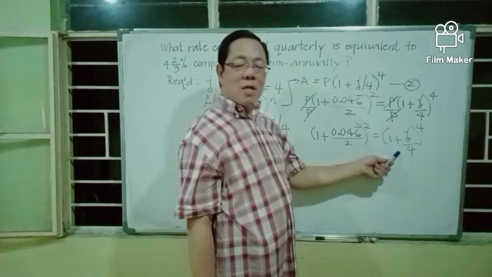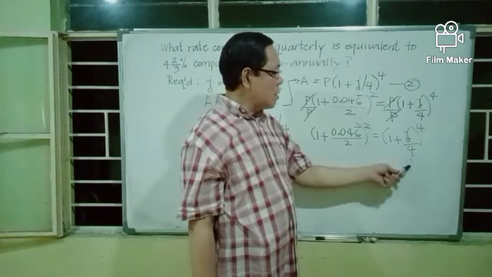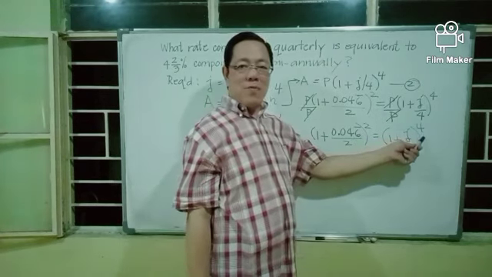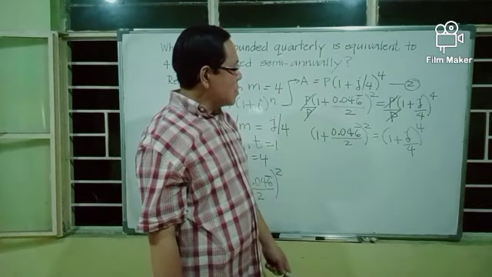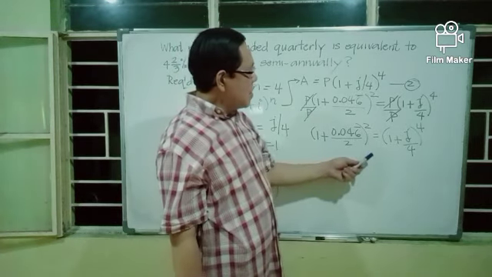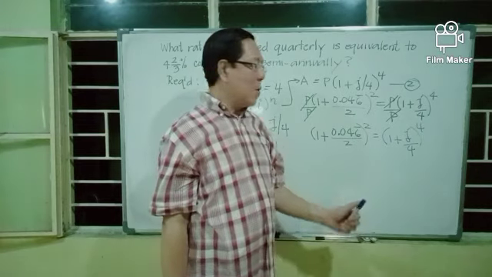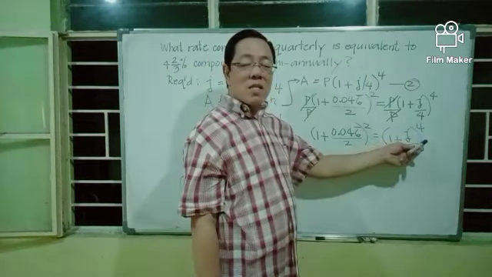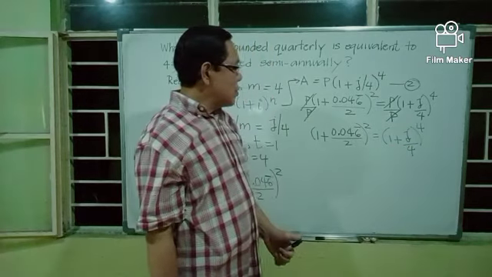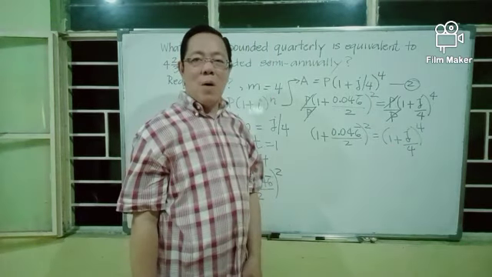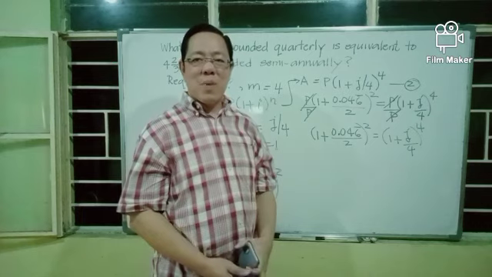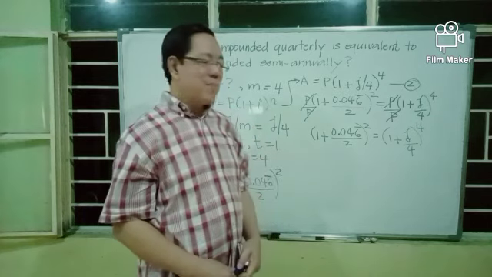But J here is inside the quantity raised to the exponent 4. Thus, to have J at one side of the equation only, we must eliminate the exponent 4. And to do that, we take the natural logarithm of both sides and we apply one property of natural logarithm.